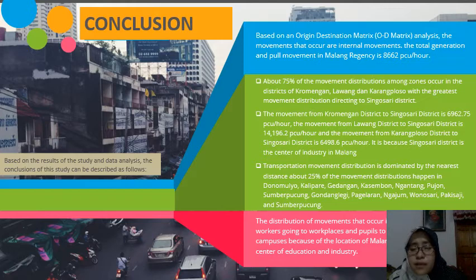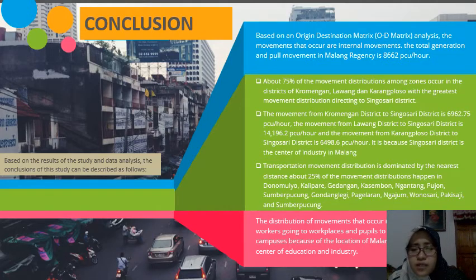The movement from Lawang district to Singosari district is 14,196.2 PCU per hour, and the movement from Karangploso district to Singosari district is 6,498.6 PCU per hour. It is because Singosari district is the center of industry in Malang.